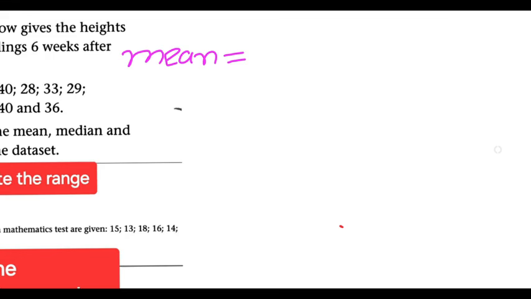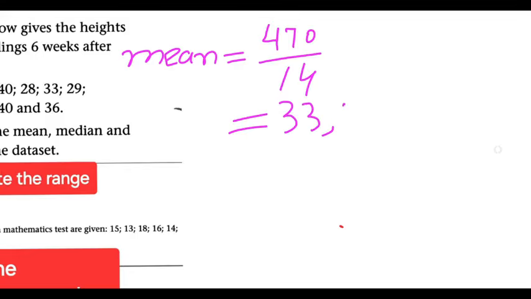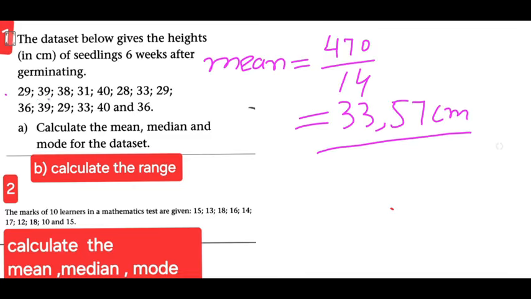The number of values we got is 14, and the sum of all the values, I use my calculator: 29 plus 39 plus 38, and so on till 36. The answer is 470 divided by 14. The answer will be 33,57 centimeters. So this is my final answer.